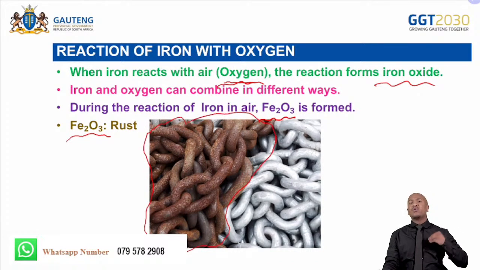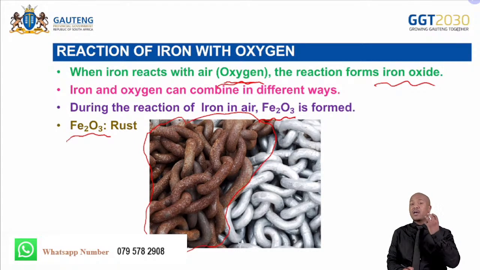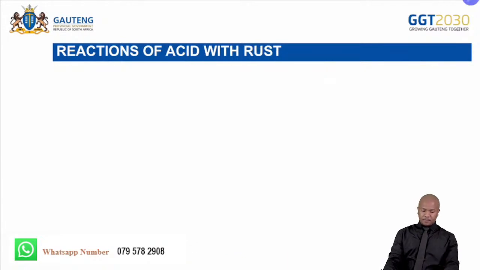It has reacted with oxygen, and as a result, it has given off this brownish color, which illustrates what? That it has rusted. So now, let's talk more about reactions of acids with rust.